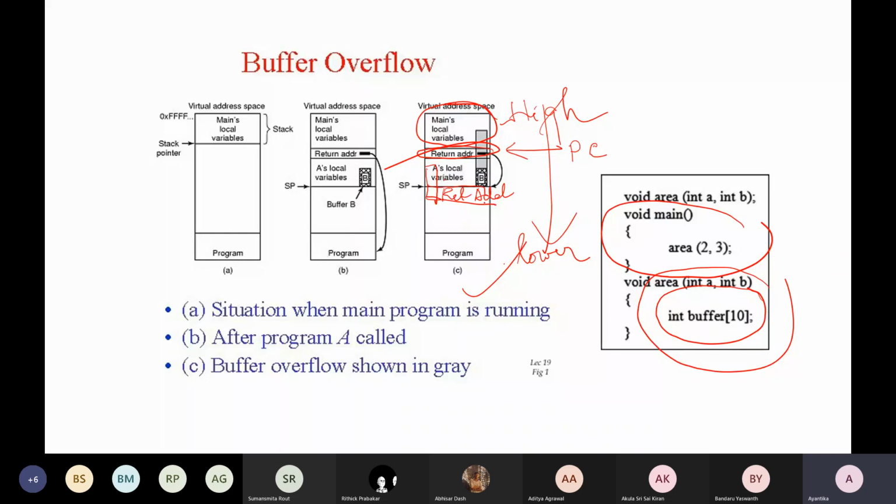So this return address will get covered. If you consider the buffer is in your main function, then the growth will be in this direction, and this return address will get corrupted. So always remember in which direction you are showing the high.